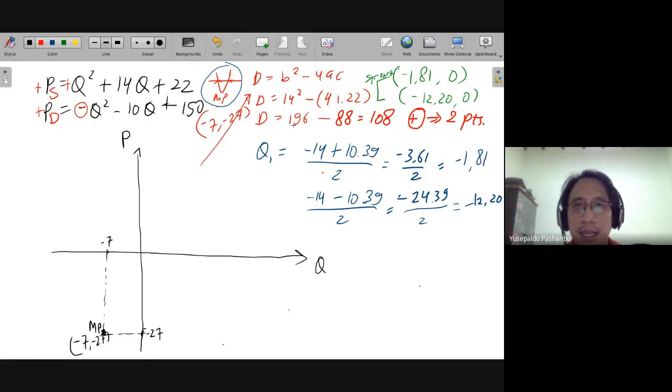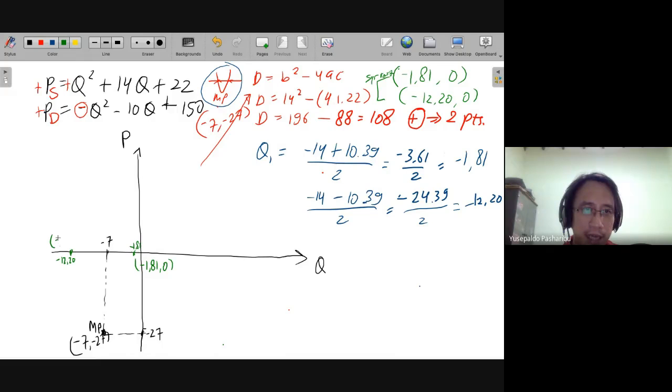And then the first square root equals minus 1.81. This is just near to minus 1.81. So this coordinate is minus 1.81, and the other one is on this side, minus 12.20.